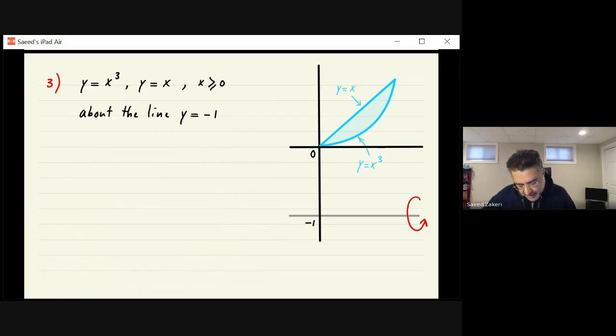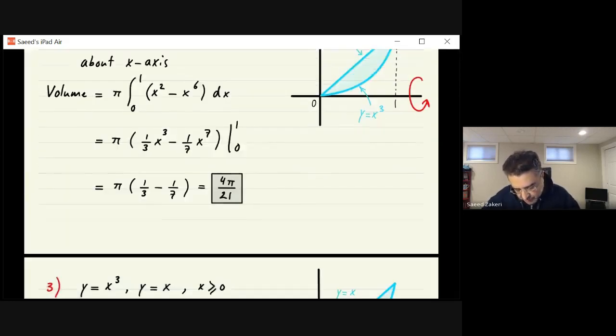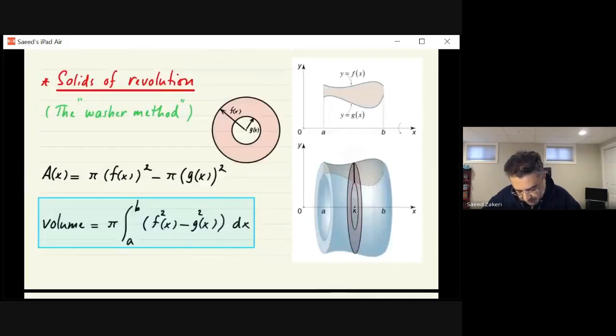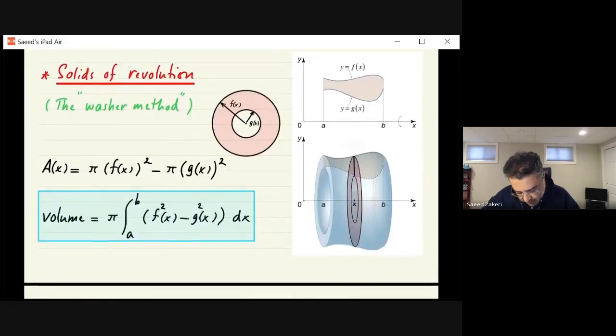I want you to imagine something. When you do the washer method, remember, it all boils down to, let me go back to that slide. When you do the cylindrical shell method, basically, I'm sorry, I don't know why I keep saying cylindrical shell.